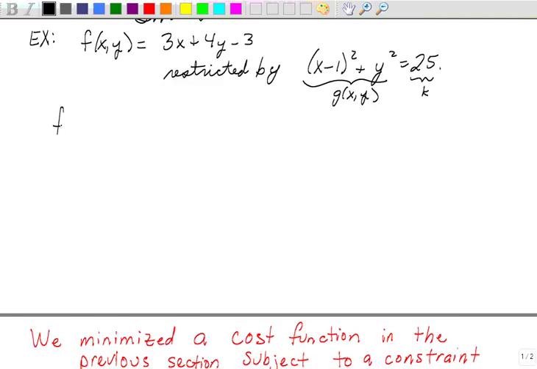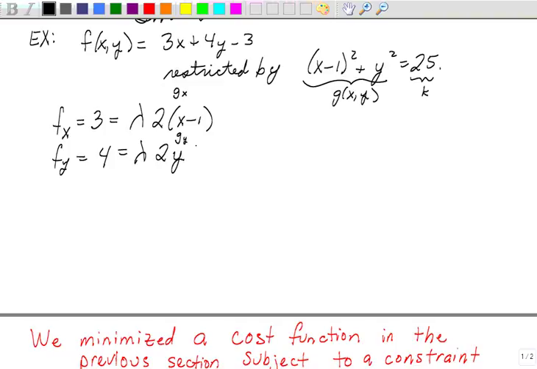So the partial of f with respect to x is 3, and that's equal to lambda times the partial of g with respect to x. f_y is 4, and that's equal to lambda times g with respect to y, which is 2y. And we have (x minus 1) squared plus y squared equals 25. All right, so solving this, here we get y equals 2 over lambda.